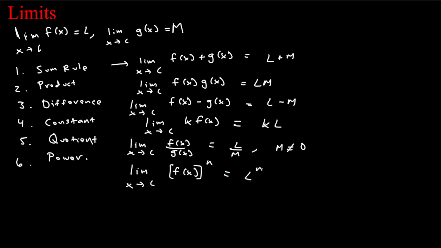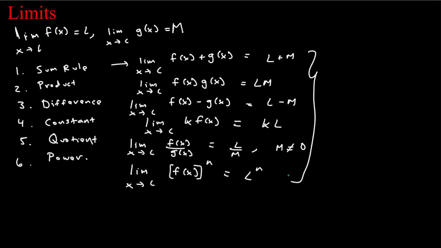With these rules, it's pretty intuitive how we manipulate these, and whenever you have problems with limits, you can combine multiple of these properties to get to your final answer of the limit.